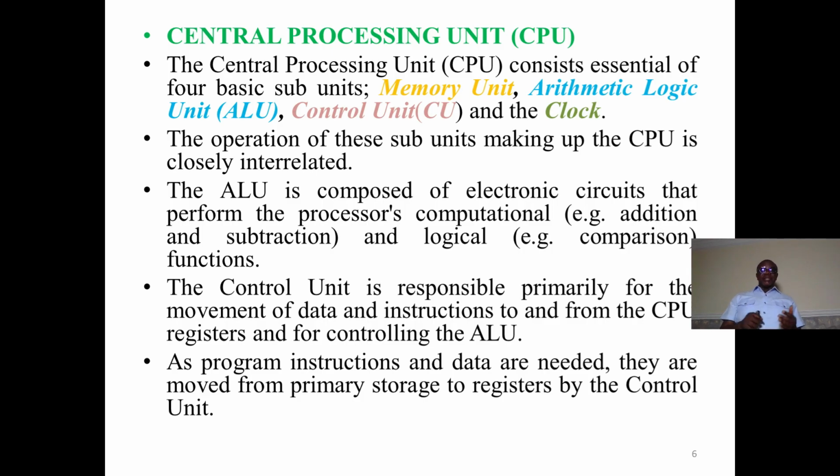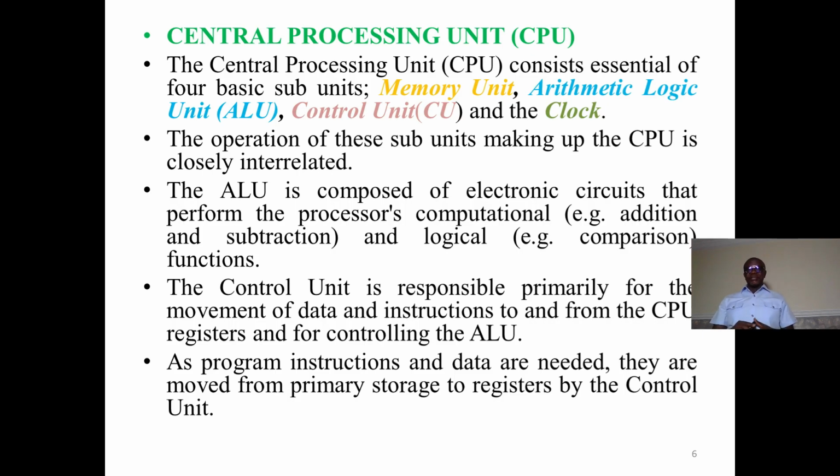The ALU, that is the arithmetic logic unit, is composed of electronic circuits that perform the processor's computational and logical functions. When we say computational functions, we are looking at addition and subtraction, and when we look at the logical functions, we are looking at comparisons.